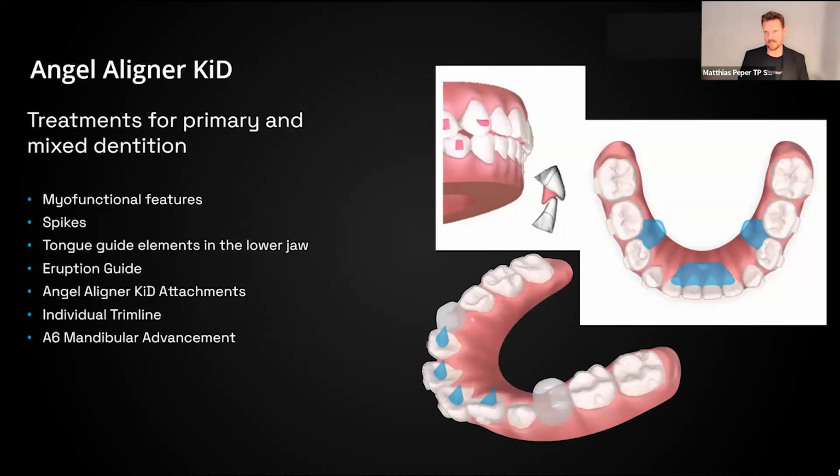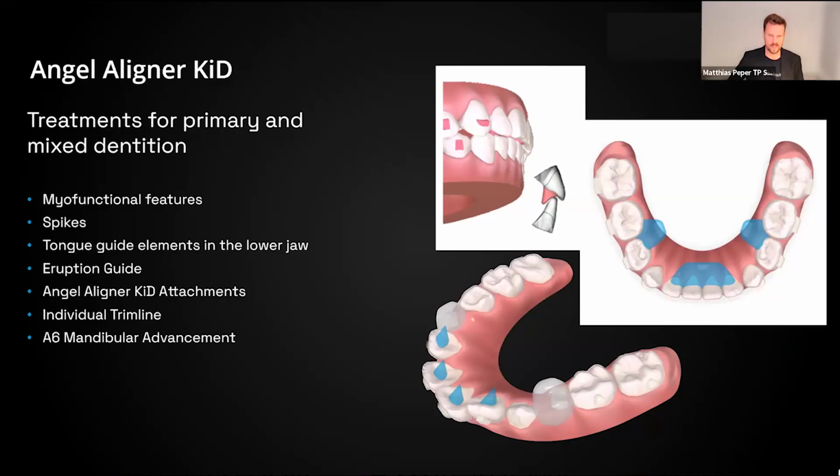Angel Aligner Kit, treatments for primary and mixed dentition. So myofunctional features, as you can see, we have the spikes, we have the tongue guide elements in lower jaw, we have the eruption guide, we have the Angel Aligner Kit attachments, we have an individual trim line, which is also very interesting.